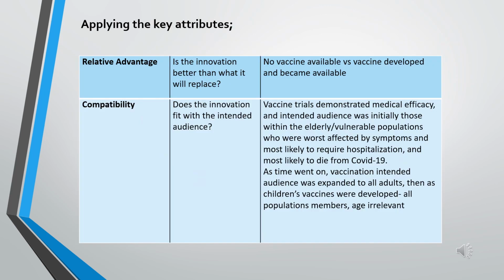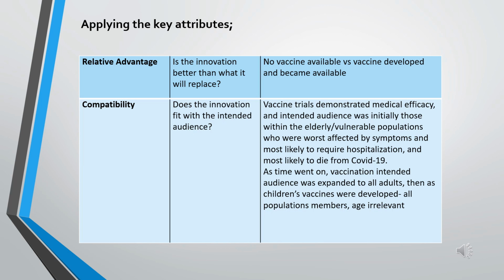We can apply the key attributes of diffusion theory to the vaccine rollouts. By asking what is the relative advantage, we have to consider, is the innovation better than what it will replace? What it was replacing was that there was no vaccine available. In terms of compatibility, we ask, does the innovation fit with the intended audience?